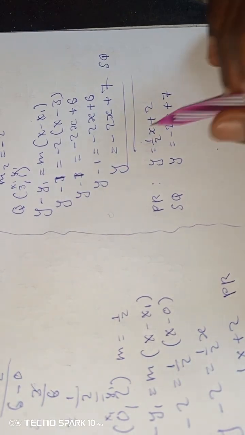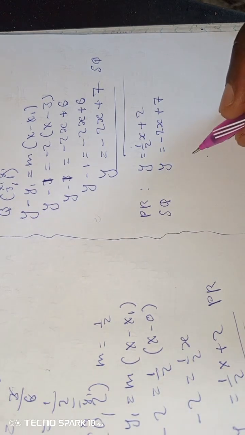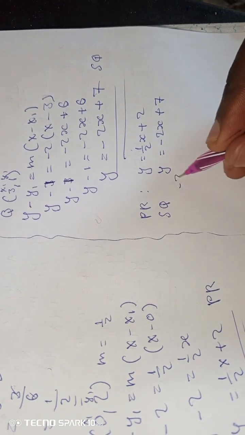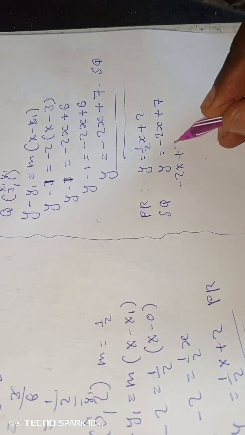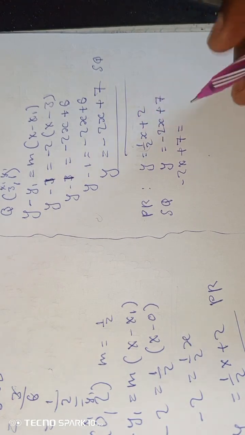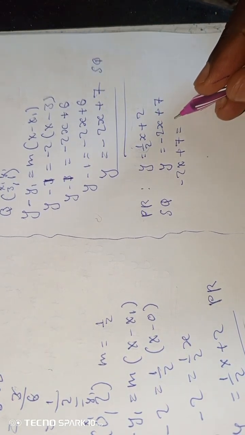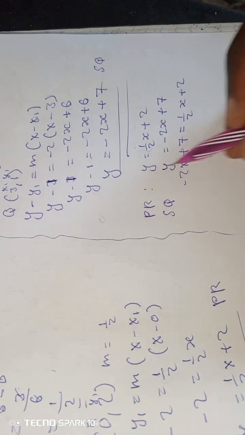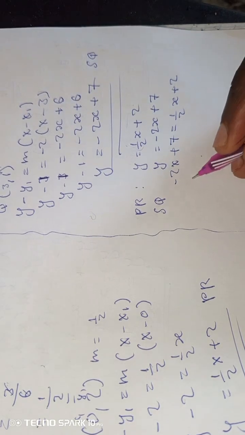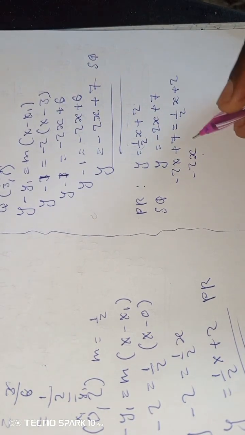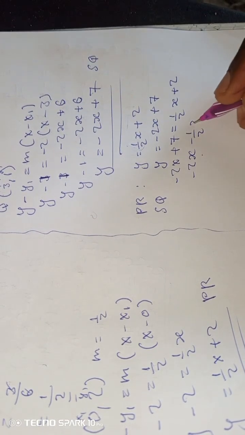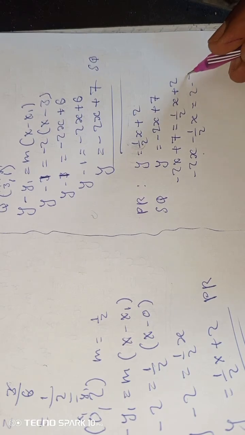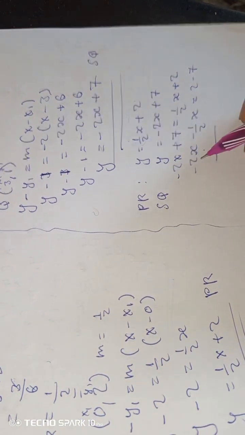So we just equate these equations. So we have negative 2x plus 7 equals 1 over 2x plus 2. Then this half will come to the other side and 7 goes to the other side, so we'll have negative 2x minus 1 over 2x equals 2 minus 7.